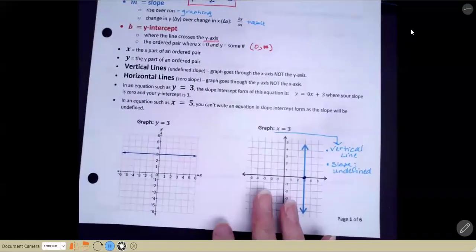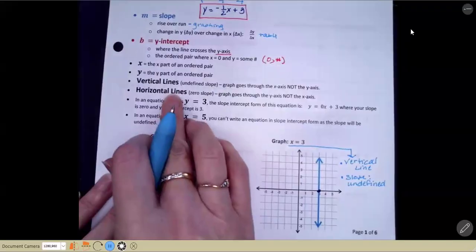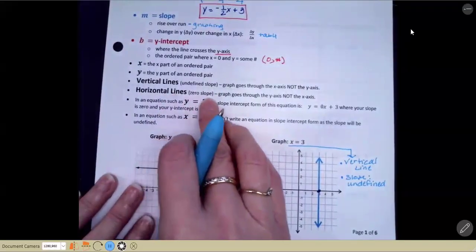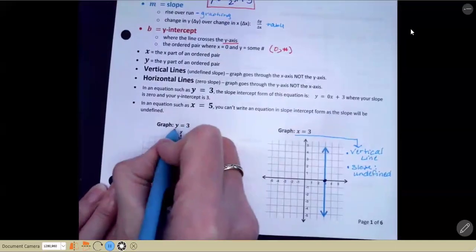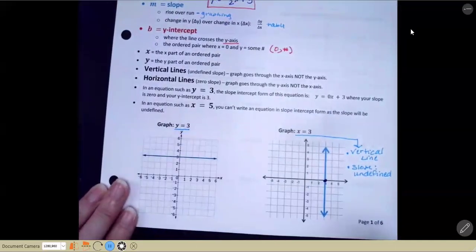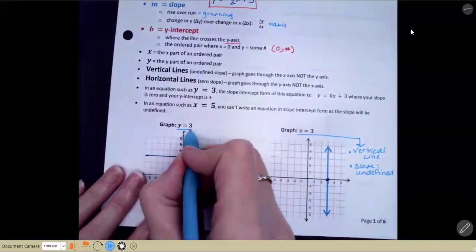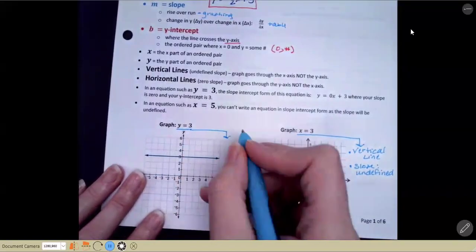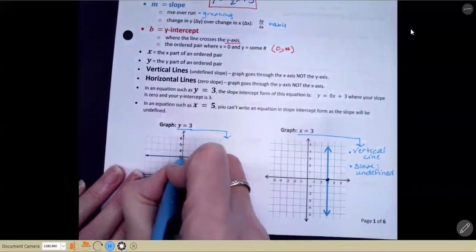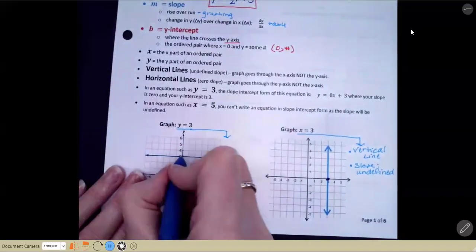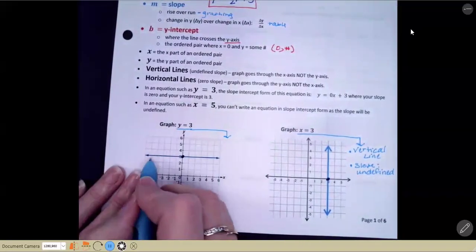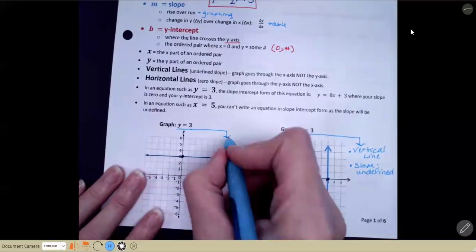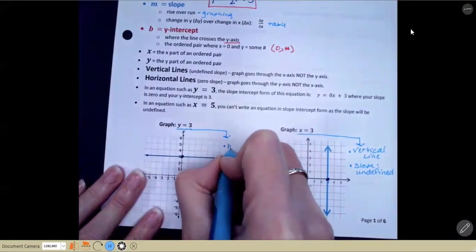Now, horizontal lines have a 0 slope and they go through the y-axis. So down here, we have y equals 3. You are going to plot a point at 3 on the y-axis and draw a line through that 3, creating a horizontal line.